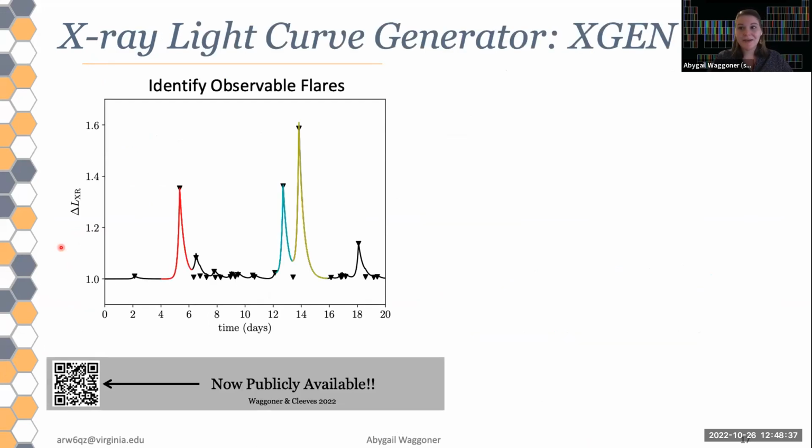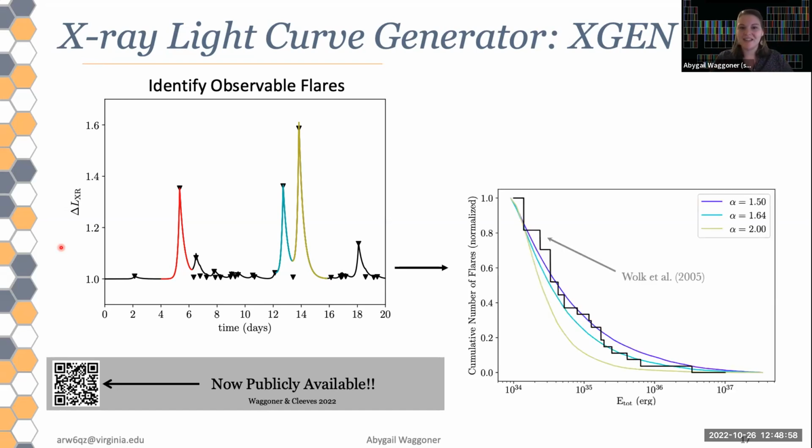So lastly, to determine, okay, is our model accurate? Are we matching predictions? The model also goes through and identifies observable flares using similar criteria to the Wolk et al. 2005 paper. And so the very small micro or nano flares are not considered as a part of our observable flares.